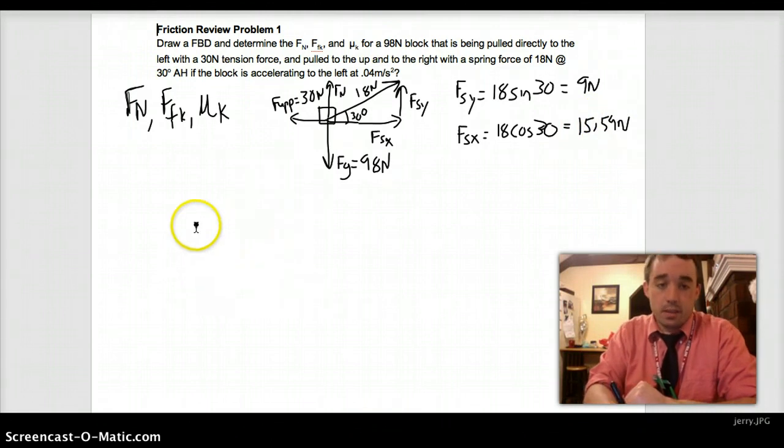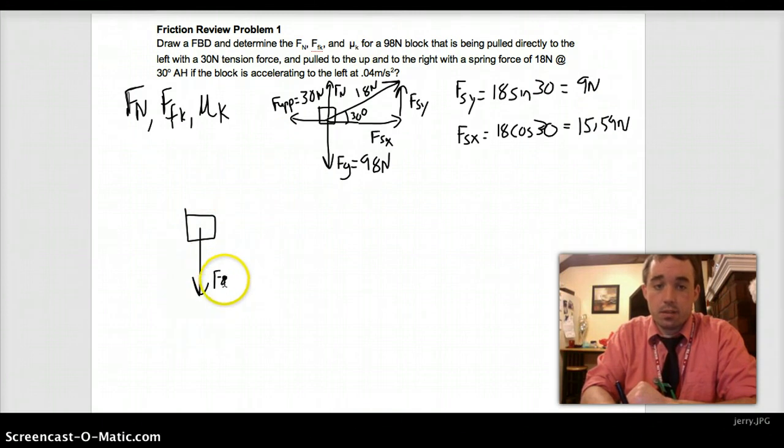All right, so redrawing our free body diagram, we have Fg, that's our only force down, 98 newtons. We have an applied force, FAPP, to the left of 30 newtons.